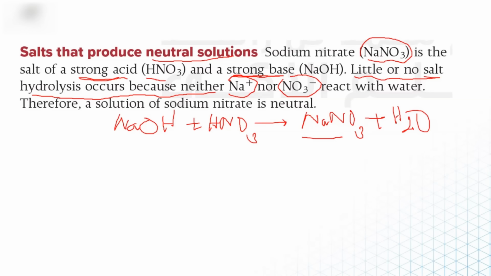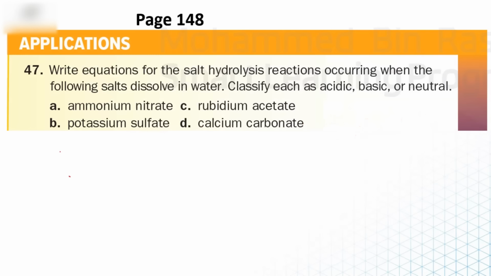Now we finished. So the only thing we still have is on page 148. This is the last part of salt hydrolysis and deals with the problems on page 148 in your Inspire chemistry book. The question says: write equations for the salt hydrolysis reactions occurring when the salts in A, B, C, D are dissolved in water, and classify each as acidic, basic, or neutral.